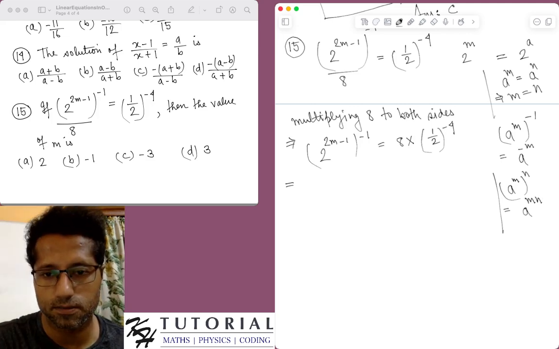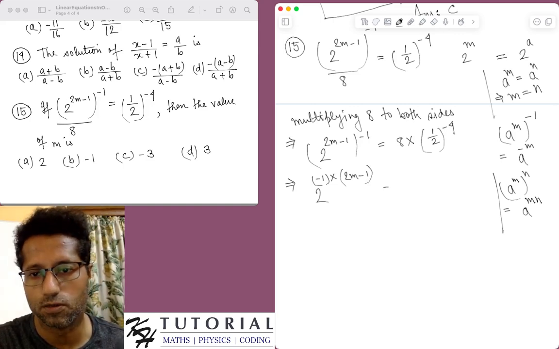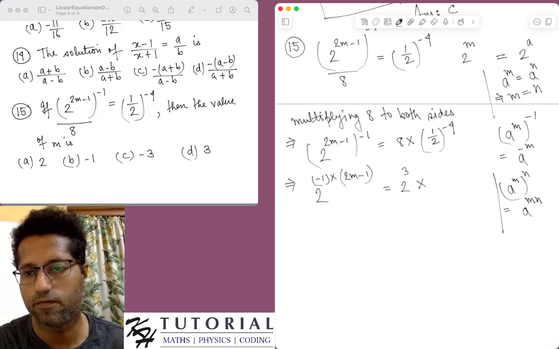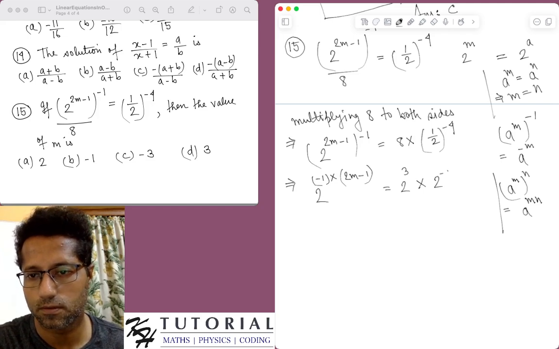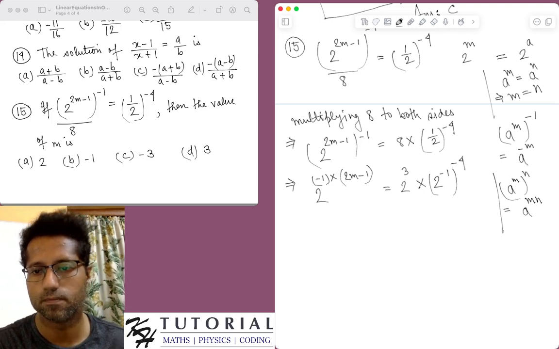So this implies the left hand side becomes 2 to the power minus 1 multiplied by 2m minus 1 equals 8, which I can write as 2 to the power 3, and half I can write as 2 to the power minus 1, and we have another power minus 4.